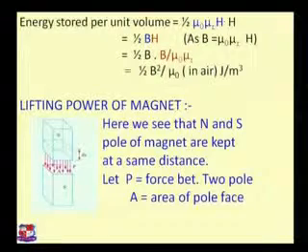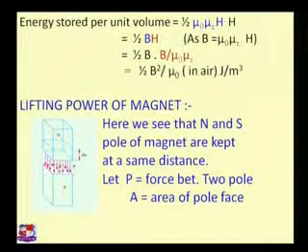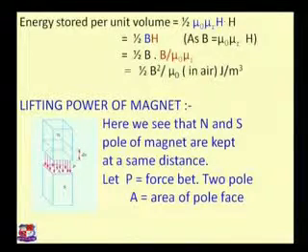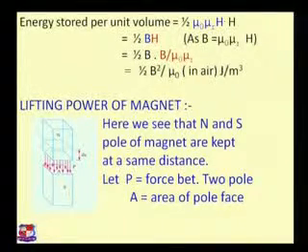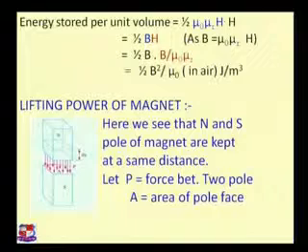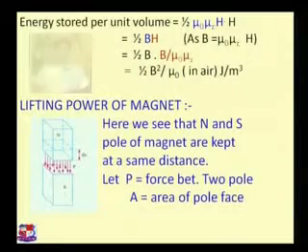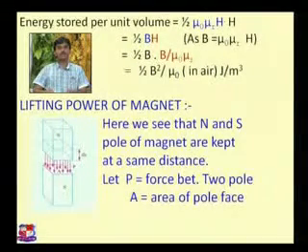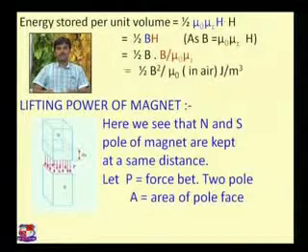Energy stored per unit volume is equal to 1/2 mu 0 mu r H into H. Now put the value B is equal to mu 0 mu r H. So we can write energy stored per unit volume is equal to 1/2 B into H is equal to 1/2 B into B upon mu 0 mu r is equal to 1/2 B square upon mu 0 in air joule per meter cube.